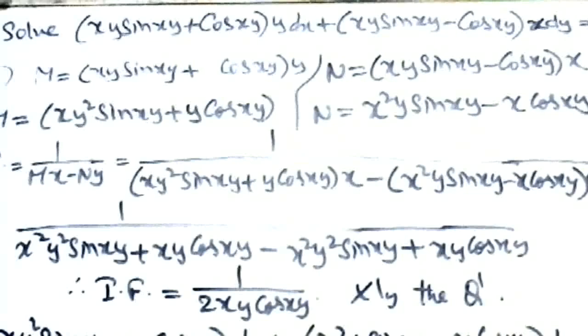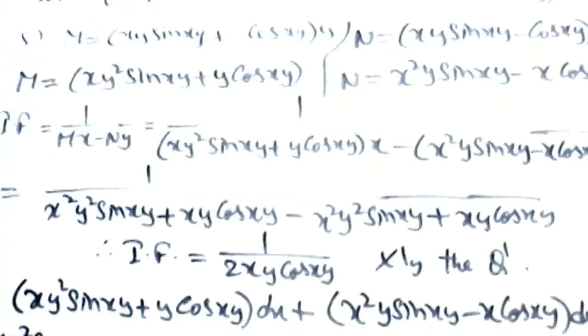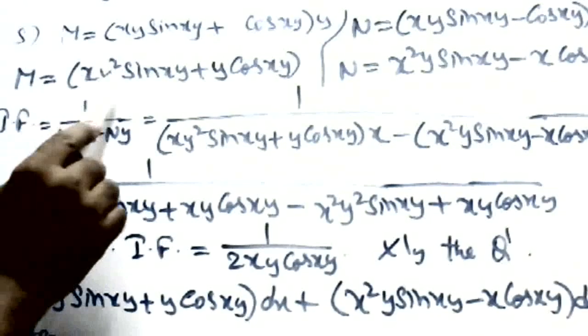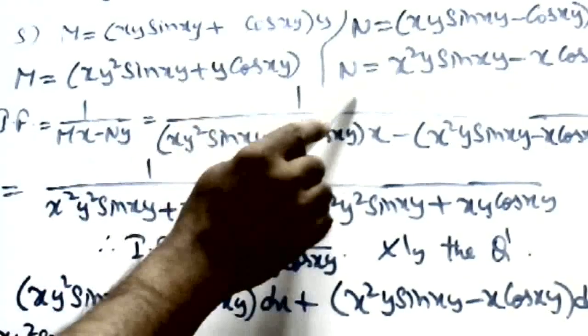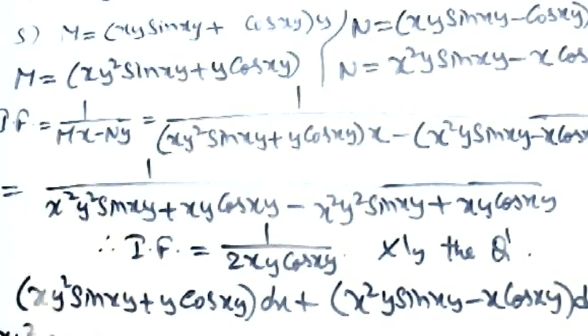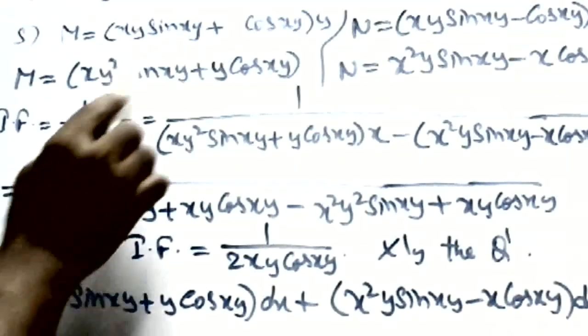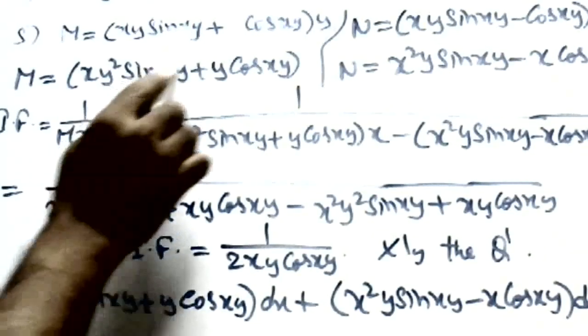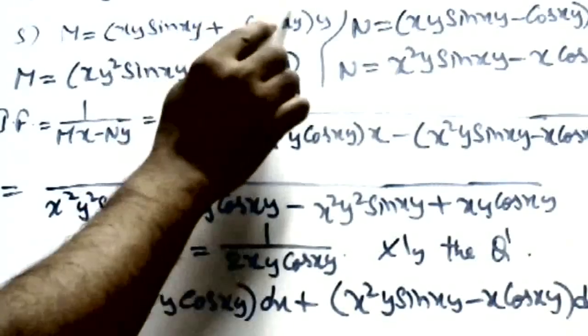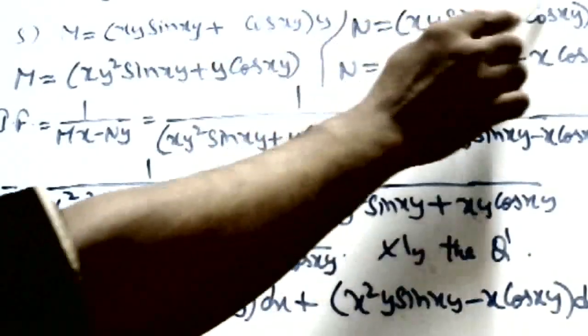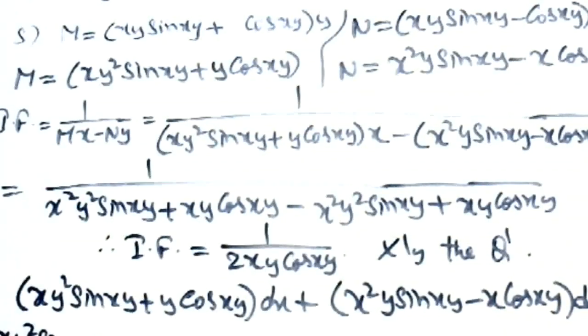Now if we go on to prove whether it is exact or not, it takes long, because finding dou m by dou y gets very lengthy. Dou n by dou x we can do directly, because it is of the form y f of xy dx plus x g of xy dy.